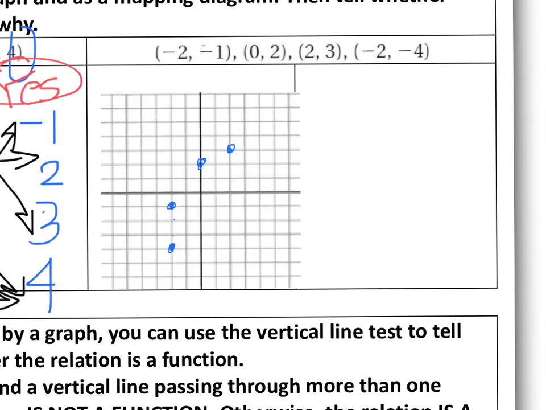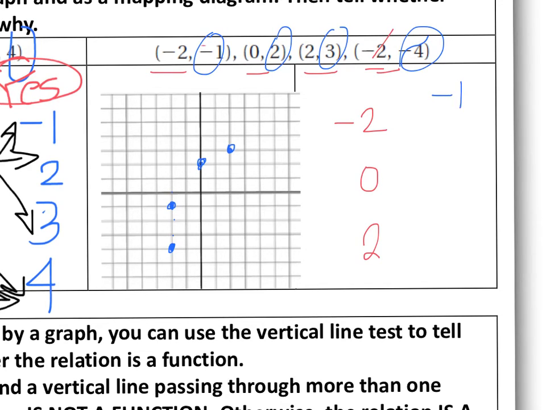That's the graph, and then I'm going to do the mapping diagram. So the inputs are negative 2, 0, 2, negative 2. So negative 2 is the smallest one, and then we have a repeat. Don't worry about that one. 0, 2.